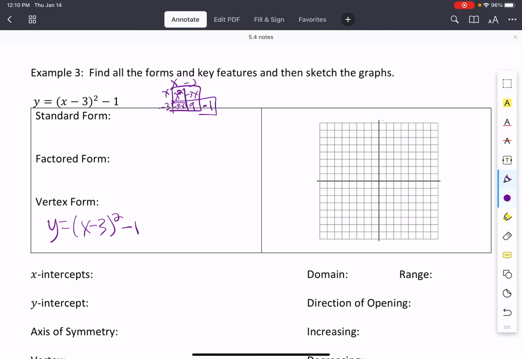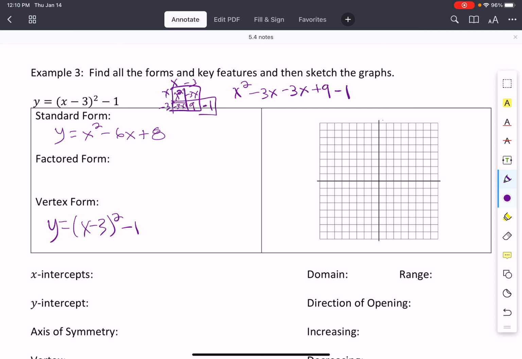Perfect. Okay. And now I'm going to add up all my pieces. So x squared minus 3x minus 3x plus 9 minus 1. And then y equals x squared minus 6x plus 8 after I combine like terms. Okay?